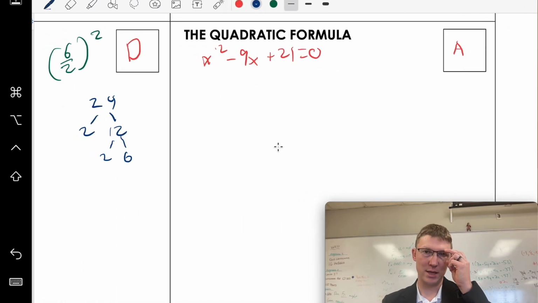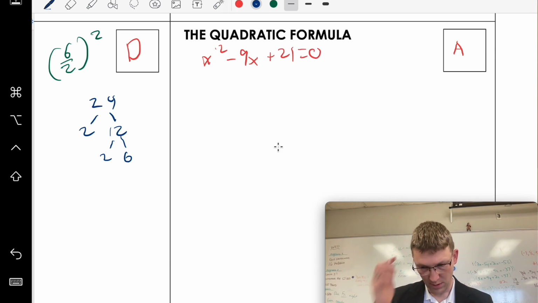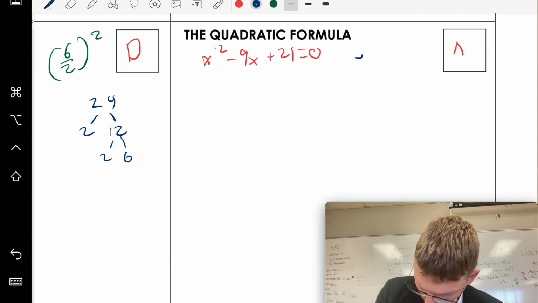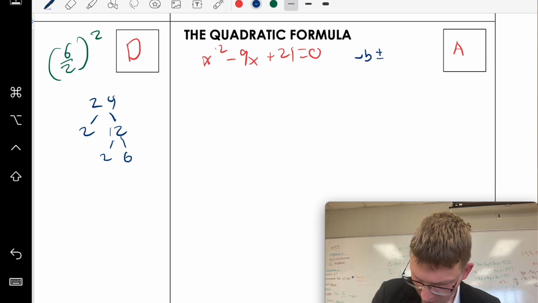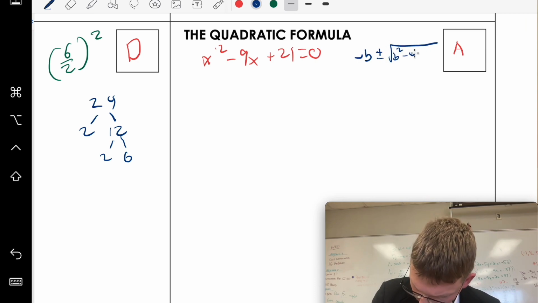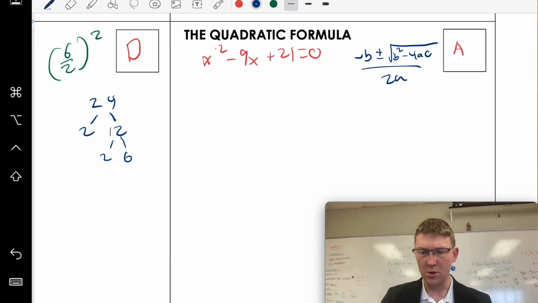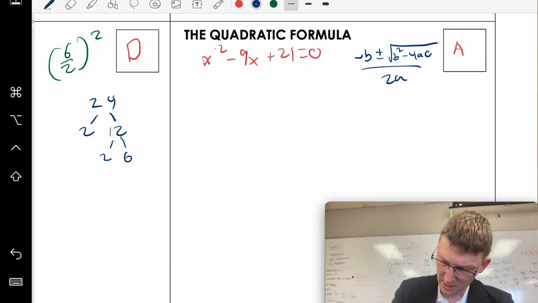Okay, last but not least, the quadratic formula. So I don't even remember, so I'm just going to write it here. Negative b plus or minus square root of b squared minus 4ac all over 2a. Okay, so now we can plug that in.